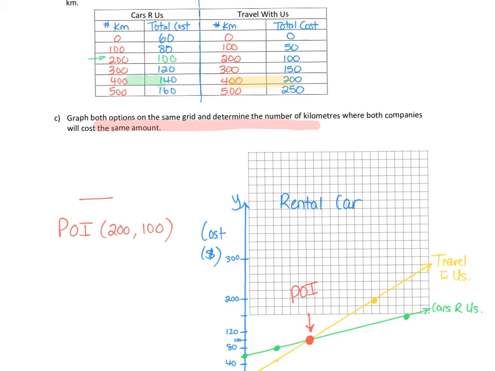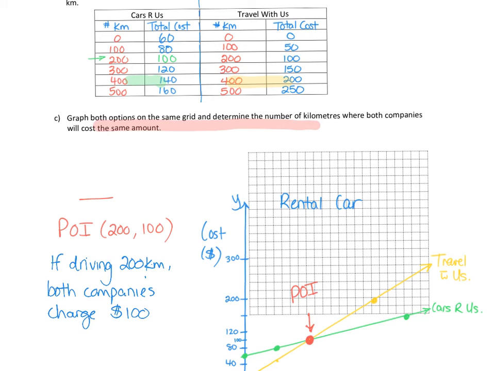Okay, that's where they cost the same. So what does that mean? That means if driving 200 kilometers, both companies charge $100.